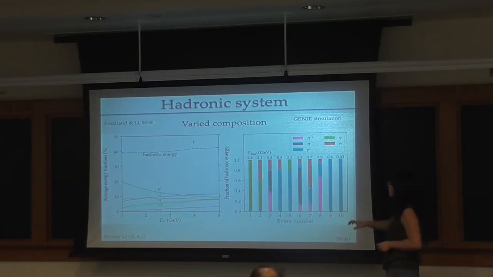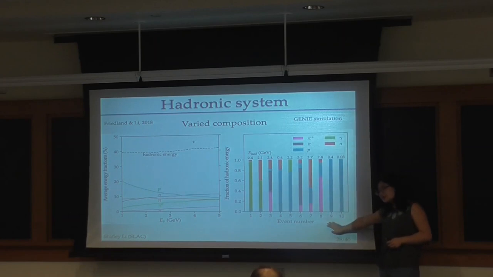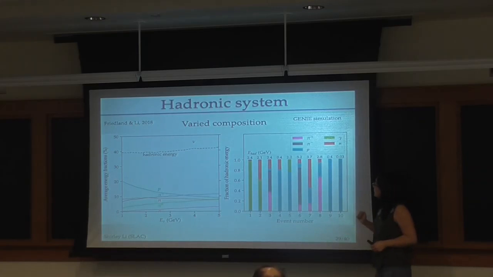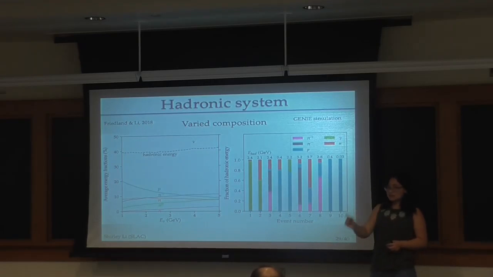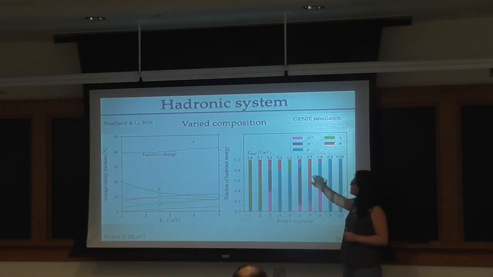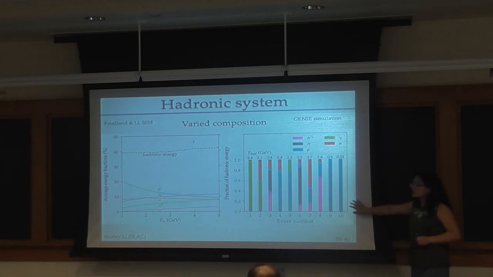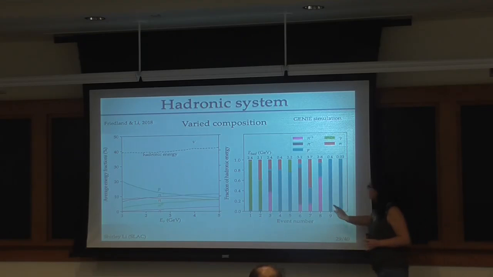For example, here I show just the first 10 4 GeV neutrino interactions that I simulated. The numbers on top are the energy that goes into the hadronic system, so the rest goes to the charged lepton. And the color shows the composition. This is just to illustrate that things really vary on an event-by-event basis.